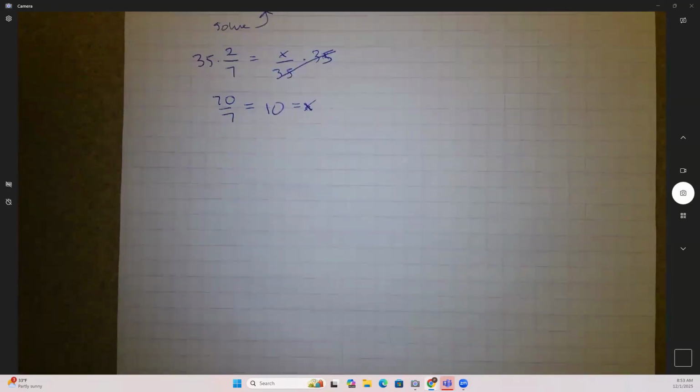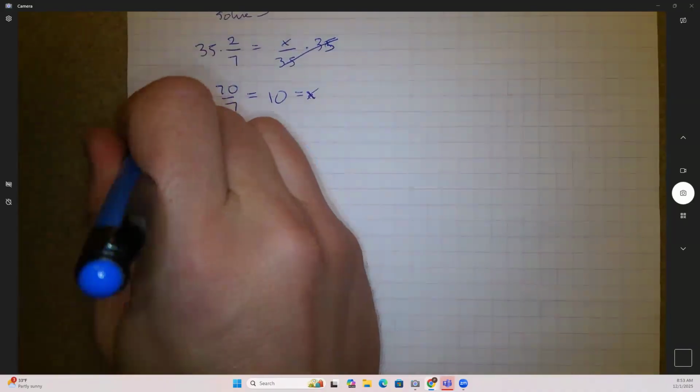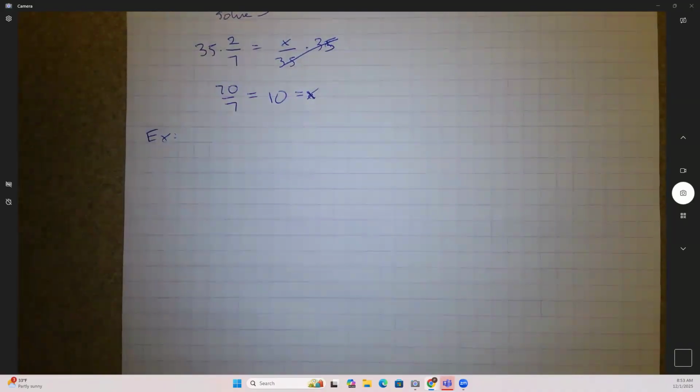Okay. So here's a different example, but pretty similar in the end. There are multiple ways to solve this, but I'm just going to show you one and say, this is the way I want you to work on solving it.